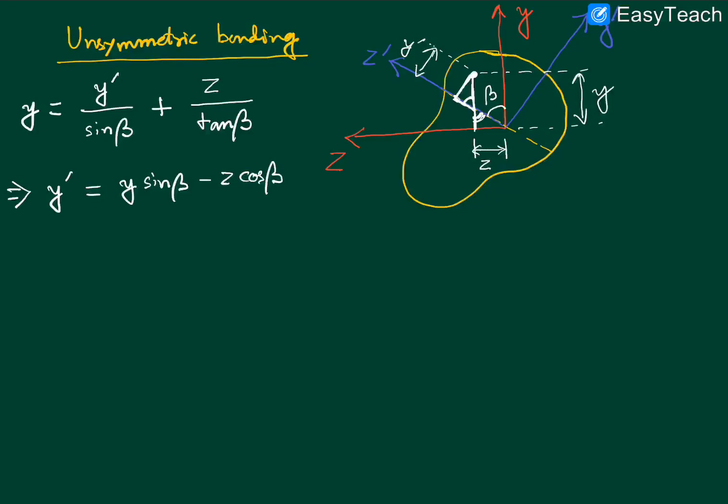So what is the use of that? Well, as I was mentioning earlier, we have some sort of an intuition that the sigma xx, the bending stresses, would have a linear distribution about the z dash axis.